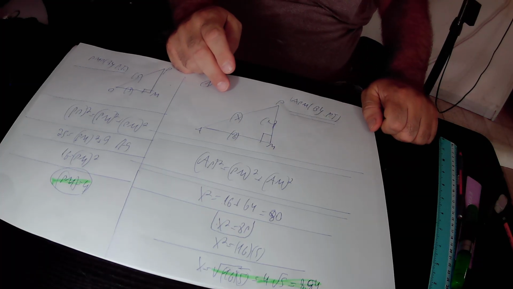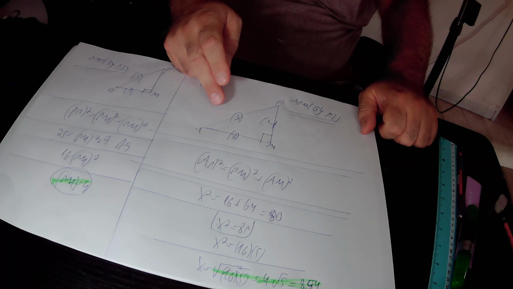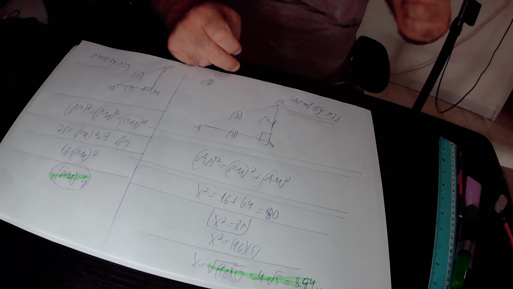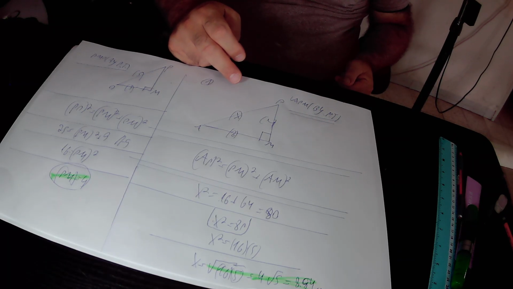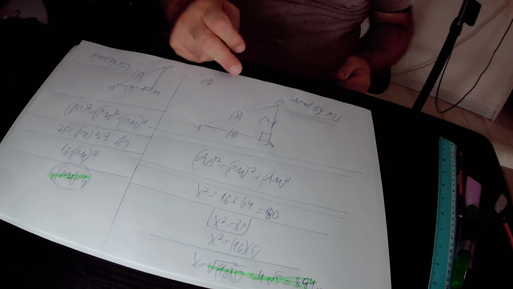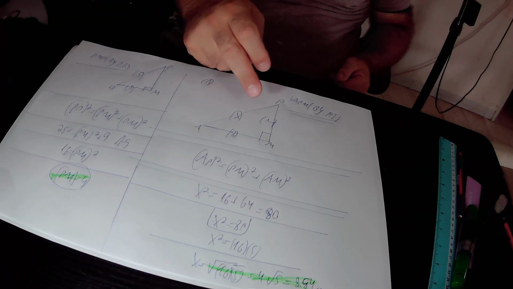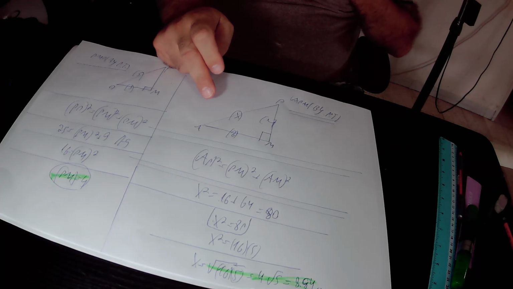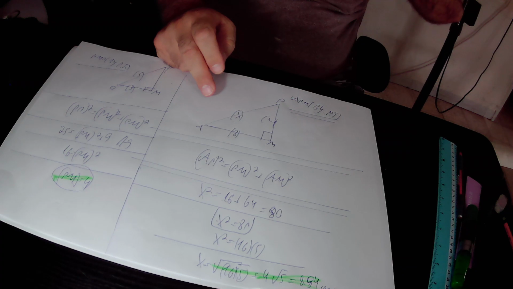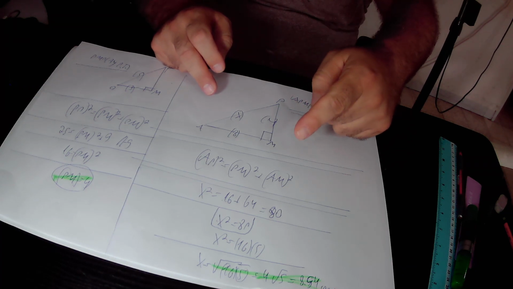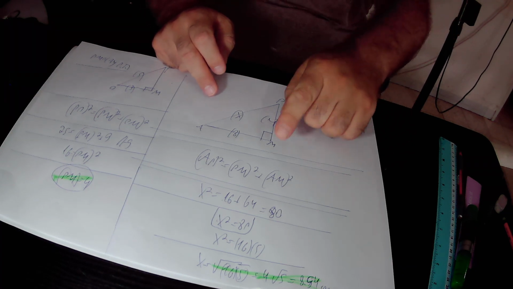According to the Pythagoras theorem, in this right triangle APM, AP squared, the square of the hypotenuse, equals PM squared plus AM squared. AP is X, therefore AP squared is X squared, and this equals PM squared. PM is 4, therefore PM squared is 16, plus AM squared. AM is 8, therefore AM squared is 64. So in total, X squared equals 16 plus 64, that is 80. X squared equals 80.